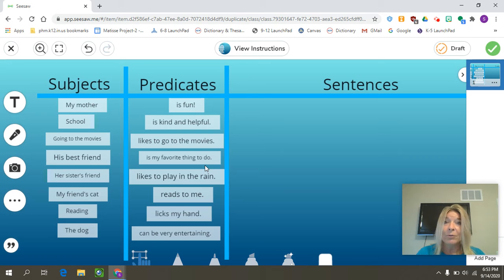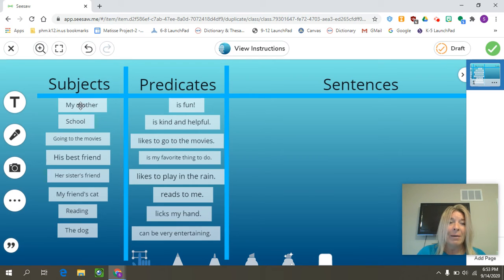So we're going to do a few of these. We're going to pick some of the subjects and try to find a predicate that can help me complete that thought. Sometimes there might be more than one combination. There might be one extra predicate that we could use to match a subject. Once we get going, you'll see.